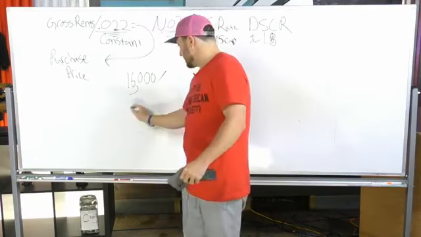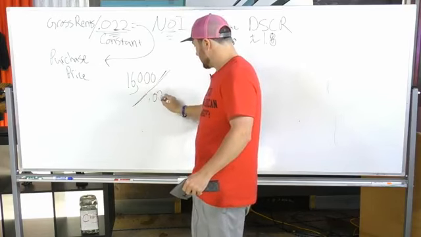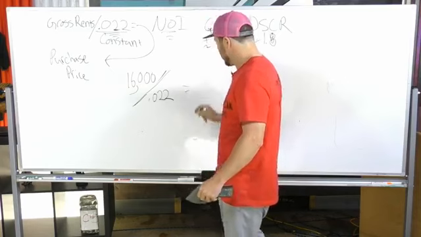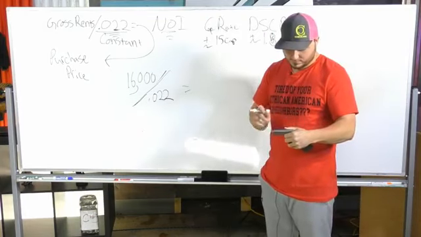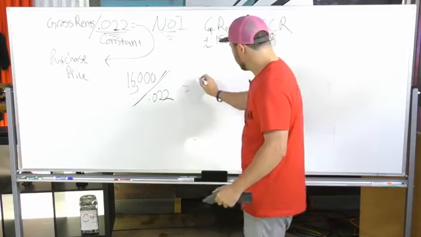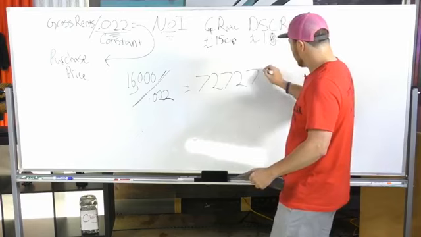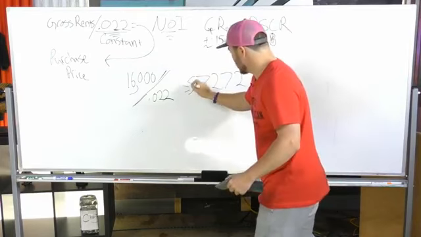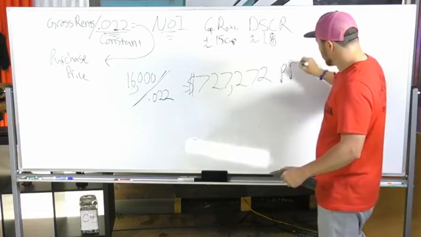And I'm going to divide it by 0.022. 2 equals 727272. There we go. $727,272 should be your purchase price.